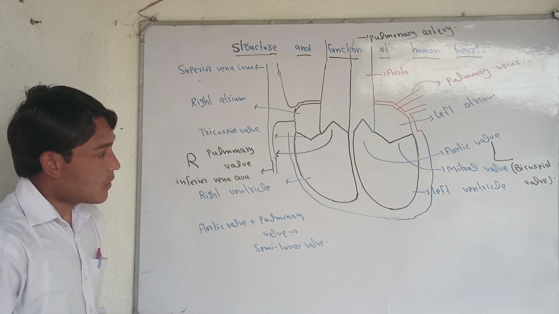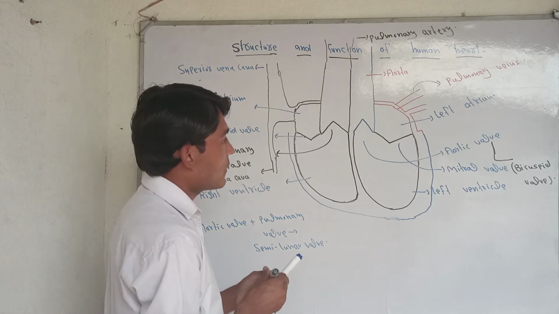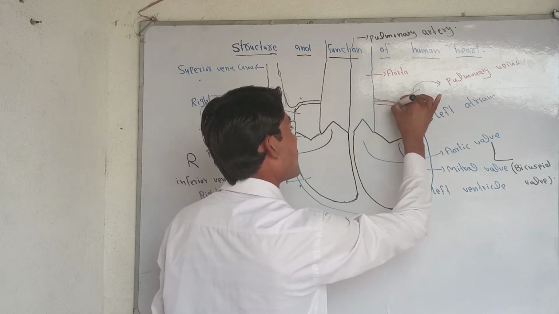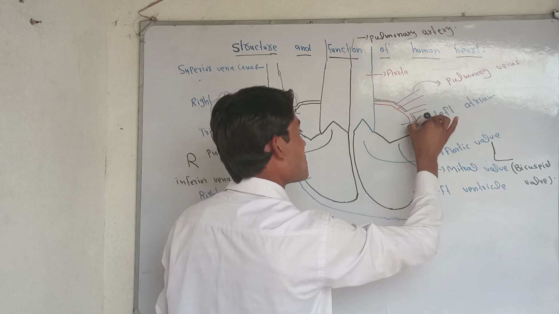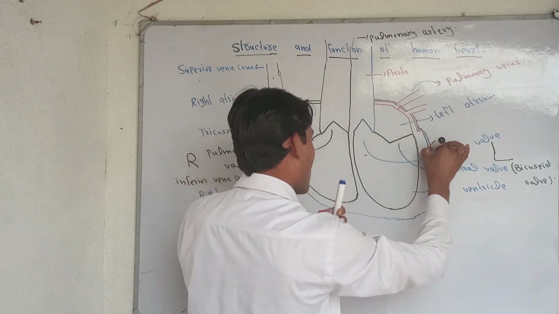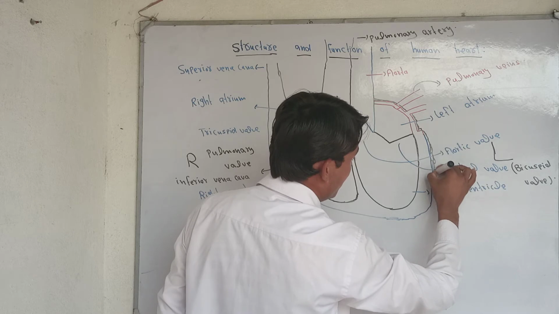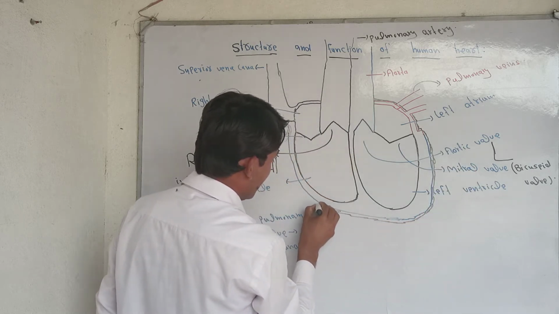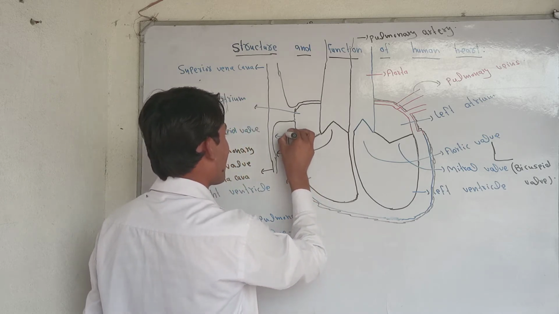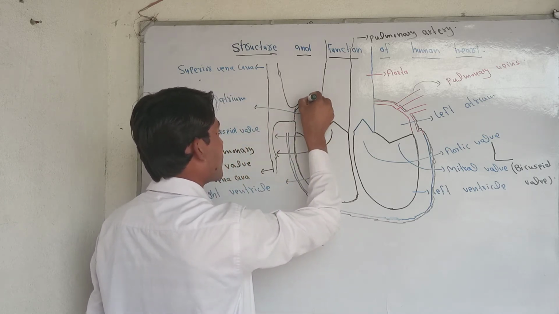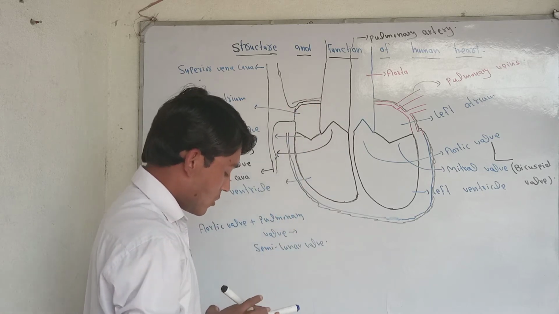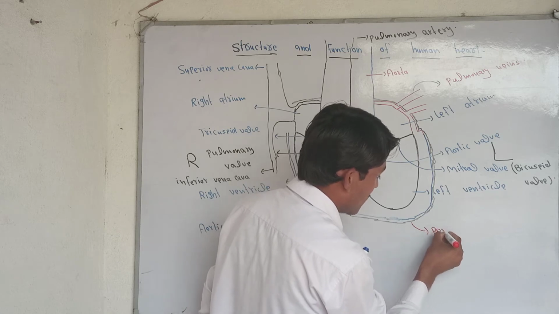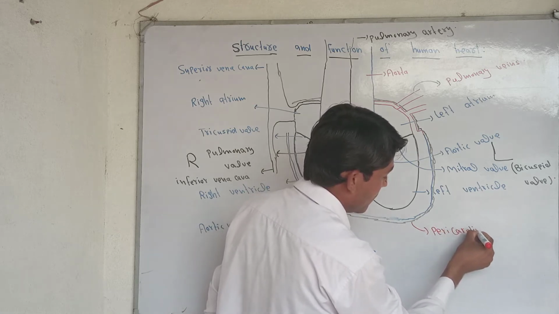Next, here we have a membrane. The heart is covered by a membrane, and this membrane is called the pericardium.